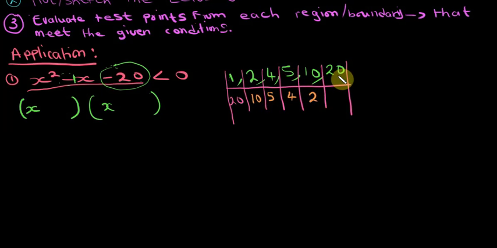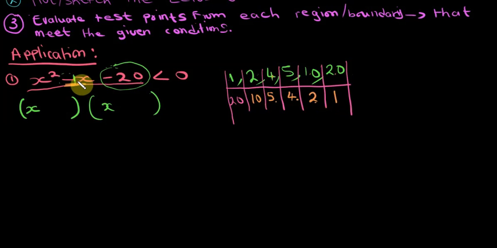And 20 goes in 20, 1 time. So these are factors: we have 1 and 20, 2 and 10, 4 and 5, 5 and 4, 10 and 2, 20 and 1.